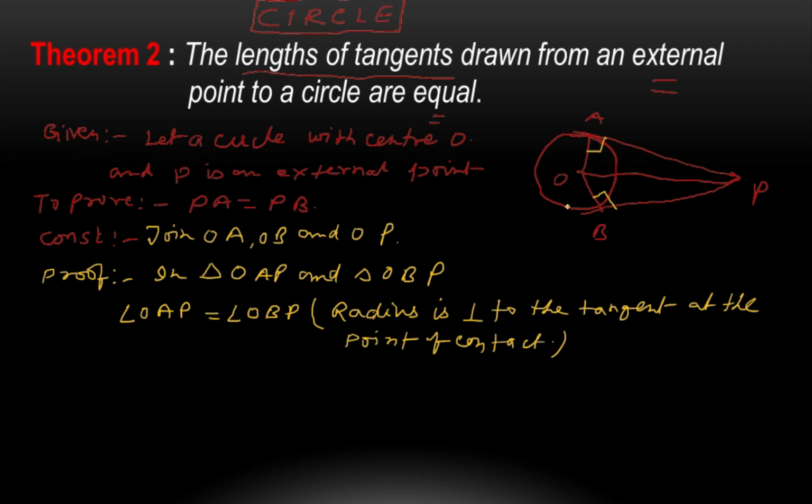OP and OP in both the triangles, so OP is common. And then OA is equal to OB, reason: radii of the same circle.